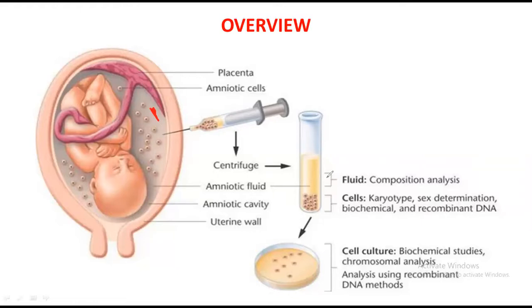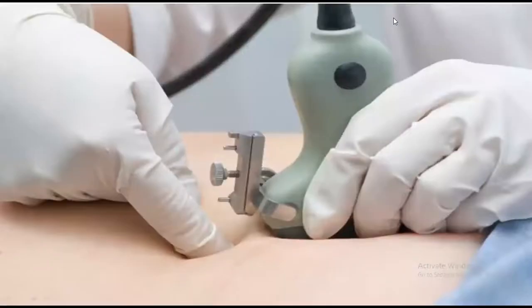But this is a basic overview, and now I will explain these steps in detail. First, if a woman wants to do amniocentesis of her child, mostly they do this just to determine whether the baby is a girl or a boy, and this is very common.